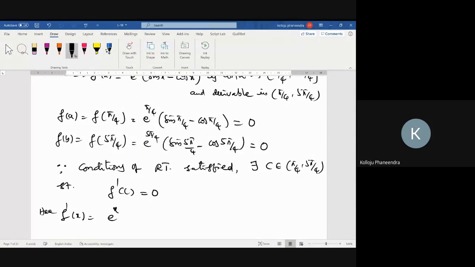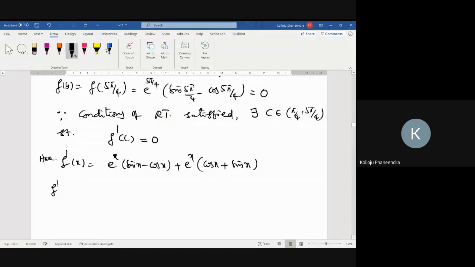First e power x derivative, e power x (sin x minus cos x) as it is. Now e power x constant, sin x derivative this, and cosine x derivative minus.